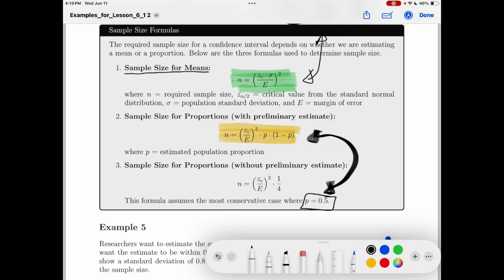So when we put in 0.5 for both of these p's, that's where this 1/4 comes in, because I would have 0.5 times 0.5, which is 0.25 or 1/4. So these formulas are the same. It's just that formula number 3 down here is just a special case of number 2.